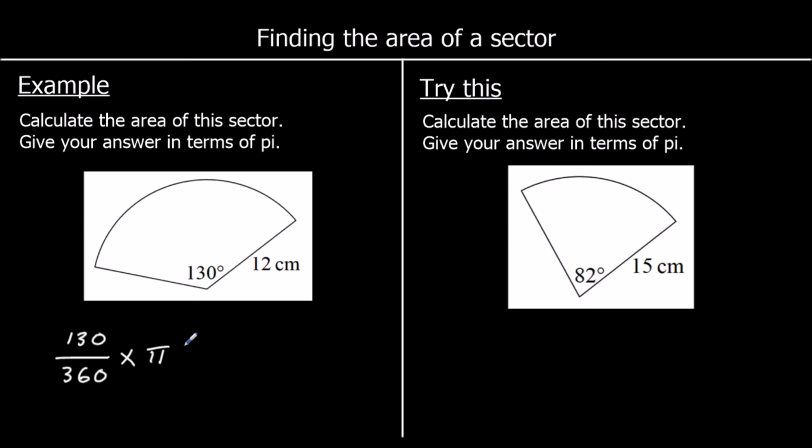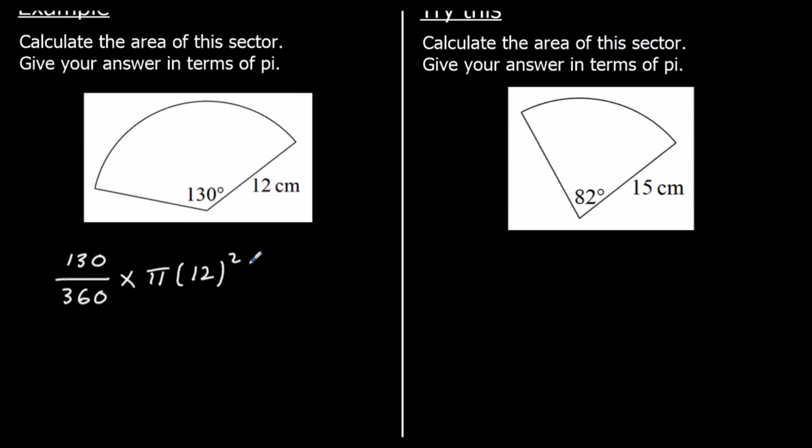So pi times 12 squared in this case. So 12 squared is 144. And then, if we typed it in the calculator, we go straight to the answer.